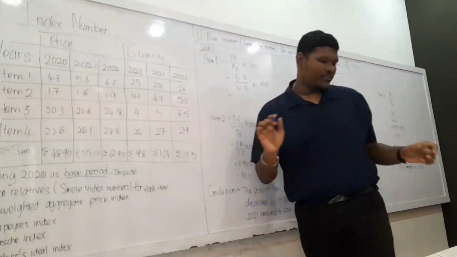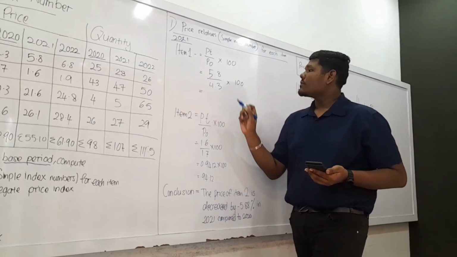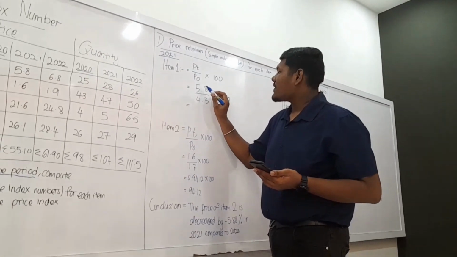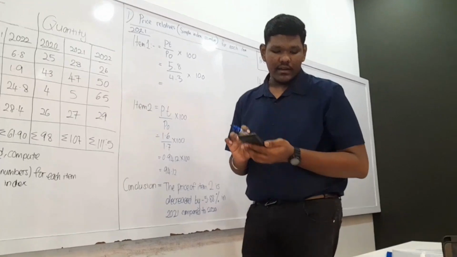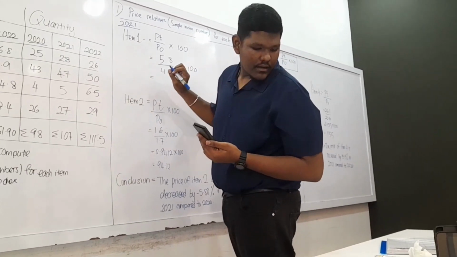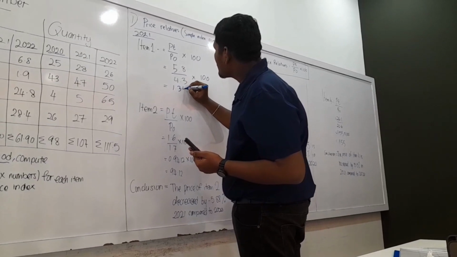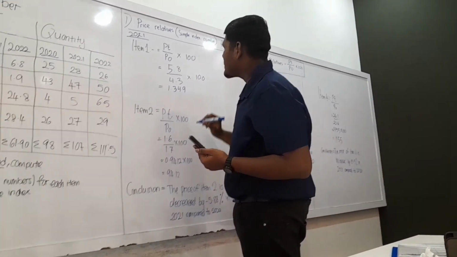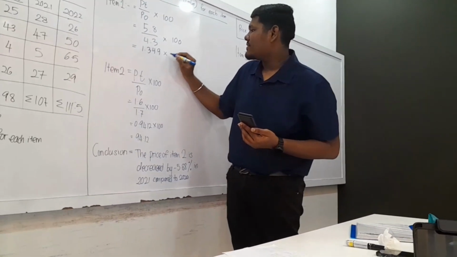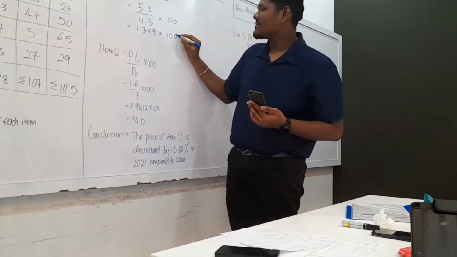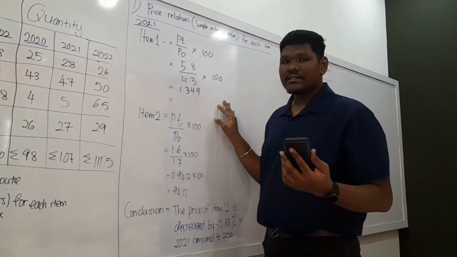The answer should be, let's do 5.8 over 4.3 first, which is 1.349, and then bring that down here.